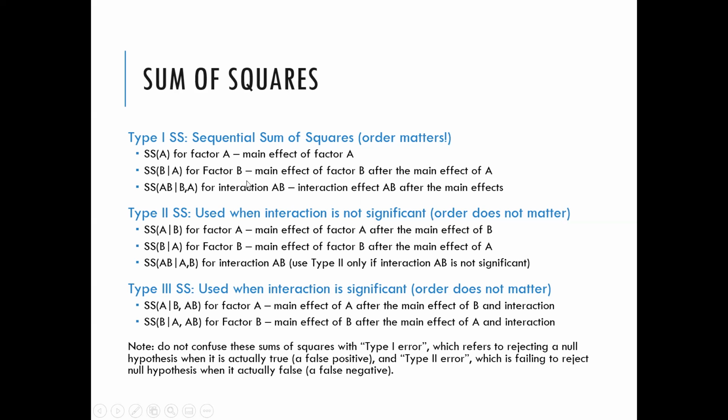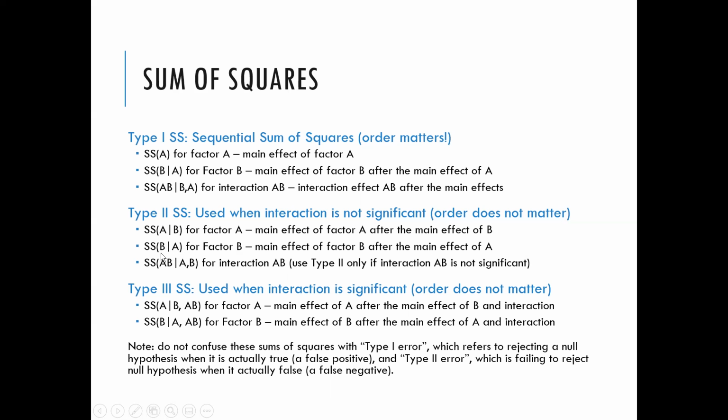And then finally, we have the interaction for A and B, and that's after the main effects. For type 2 sum of squares, this is used when interaction is not statistically significant. And in this case, order doesn't matter. So we have the sum of squares for factor A, and this is just the main effect of factor A after the main effect of B. And then it's just the reversal.